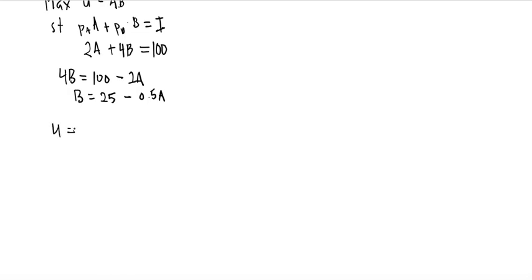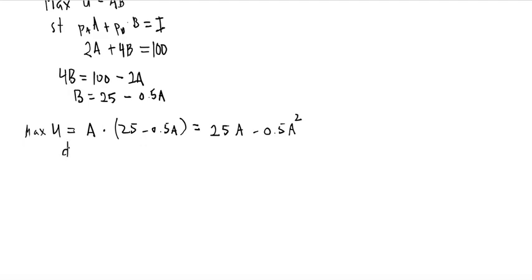So we remember utility was equal to A times B, but B now is 25 minus 0.5A. And if I just multiply that through to make it easier when we're going to take the derivative here, I have 25A minus 0.5A squared. All right. So again, we want to maximize this one.